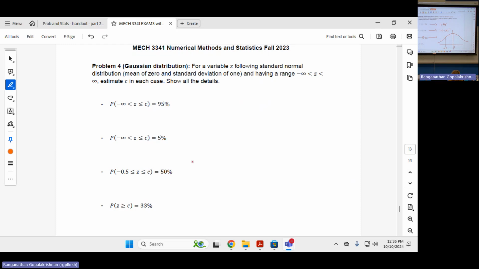Should I draw the value of C to the left of 0 or to the right of 0? Sorry? To the left. So you are saying draw it here.